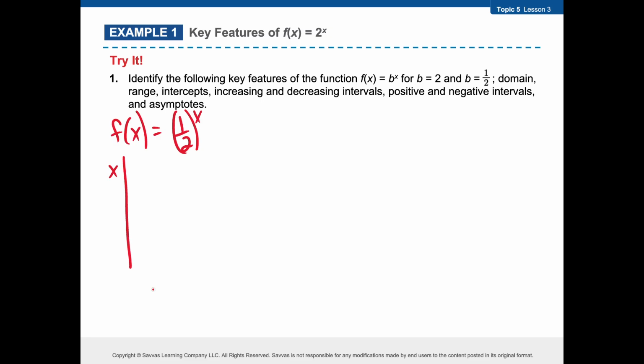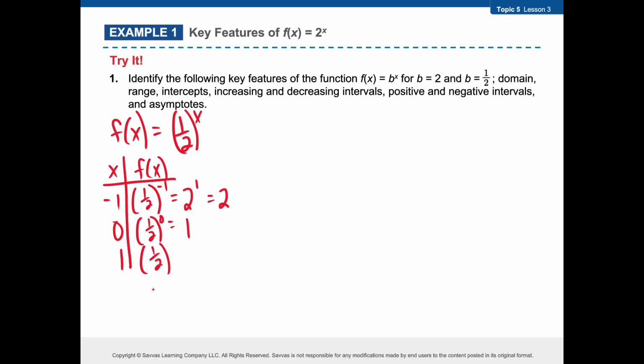Again, I can use the exact same x's, -1, 0, 1. 1/2 to the negative first power. Remember, to get rid of the negative, you do the reciprocal of 1/2. So that equals a 2. Anything to the 0 power is always a 1. And 1/2 to the first power is a 1/2.